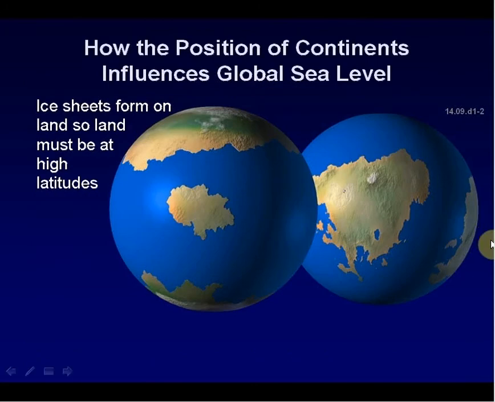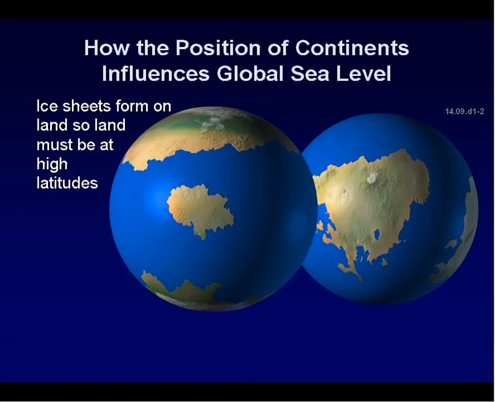Another factor to consider is the position of the continents and how they influence global sea level. And this ties back to examples that we've looked at in class and discussed a little bit already, depending on where continents or supercontinents once were on the planet.